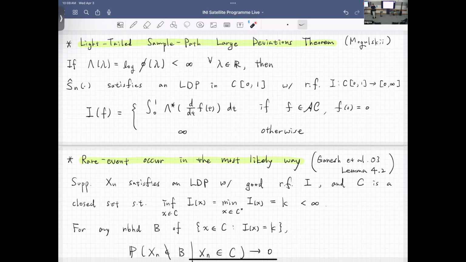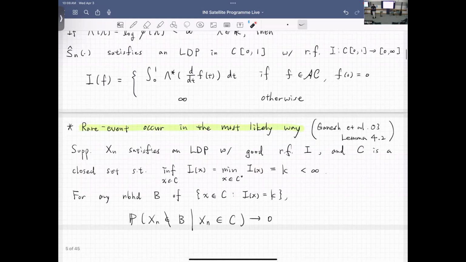So Bert wanted to have the same systematic approach as in the light tail case, and wanted to come up with a sample path version of large deviations in heavy tail cases. So that's when I joined CWI as postdoc, and Bert and I started working on a fully general sample path version for heavy tail large deviations.